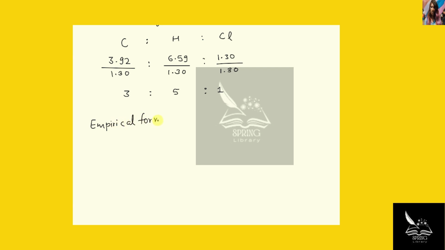From this we can say that the empirical formula of compound X will be C3H5Cl. Since empirical formula is the simplest whole number ratio of the atoms present in the compound, now we need to find out the molecular formula.